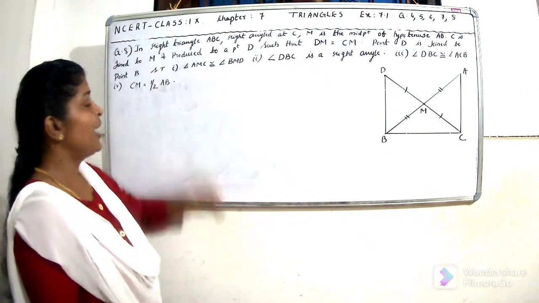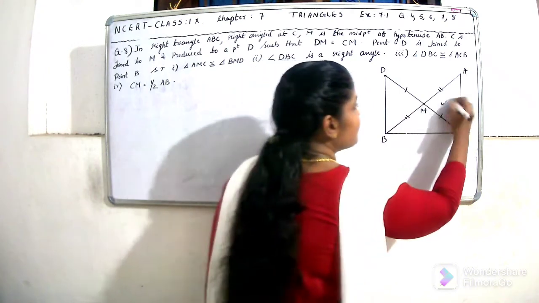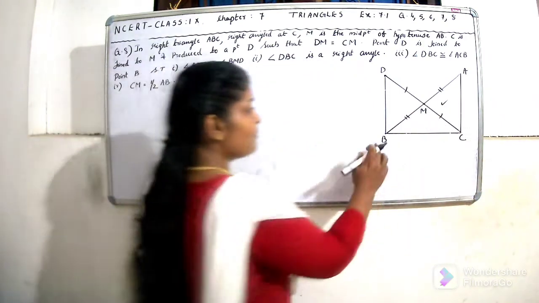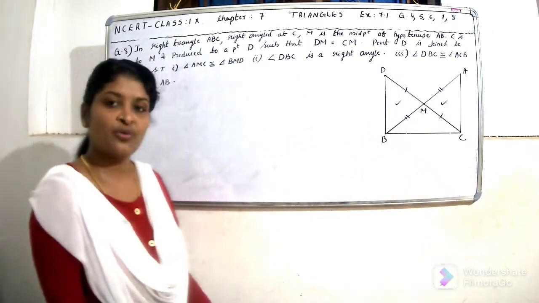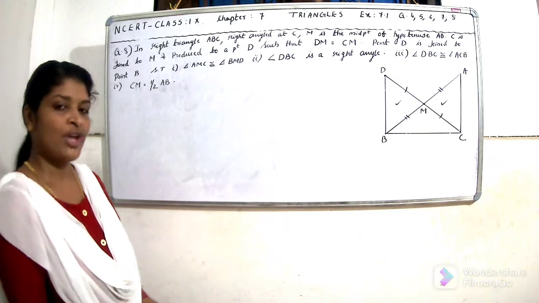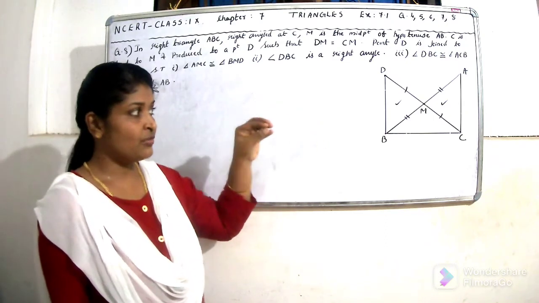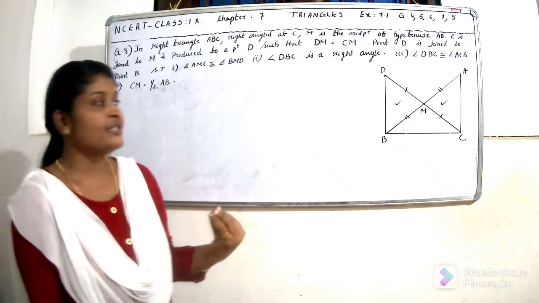First one, triangle AMC, that means this triangle, and triangle BMD. So these two triangles are congruent, that is what we have to prove first. From the figure we will observe carefully which criteria is suitable here.